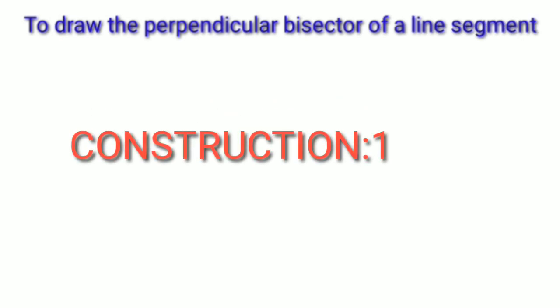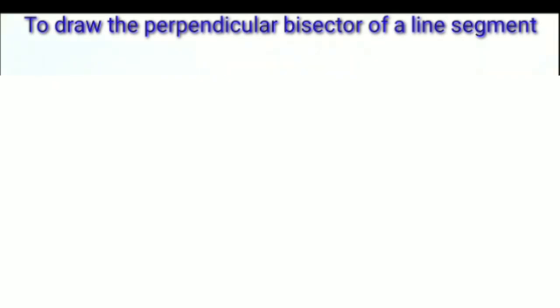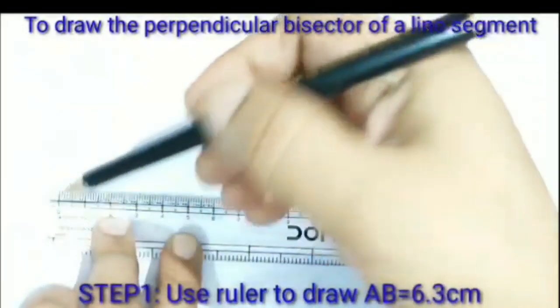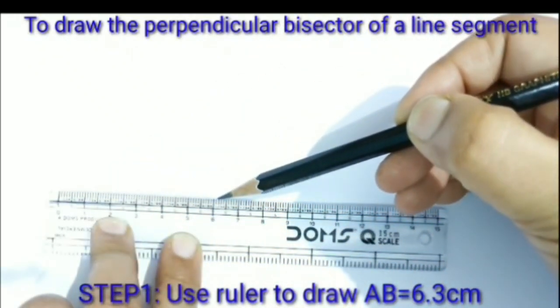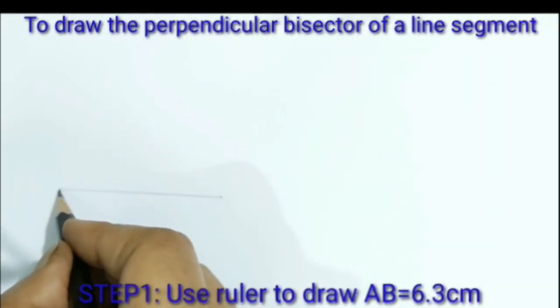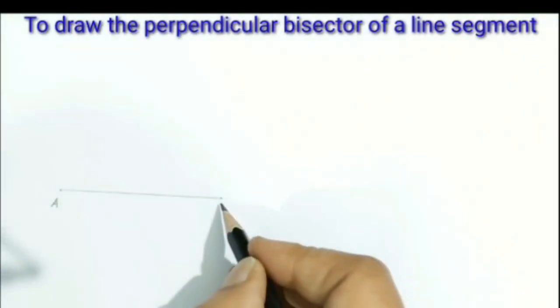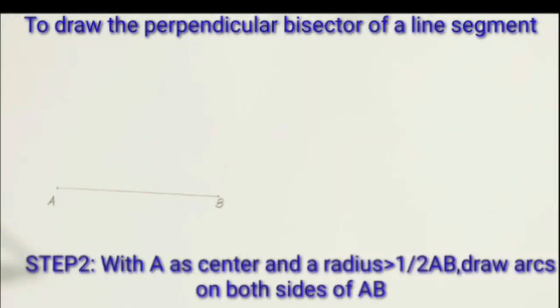To draw the perpendicular bisector of a line segment, step 1, use a ruler to draw AB equal to 6.3 centimeters. Step 2, with A as center and a radius more than half of this length AB, draw arcs on both the sides of AB.